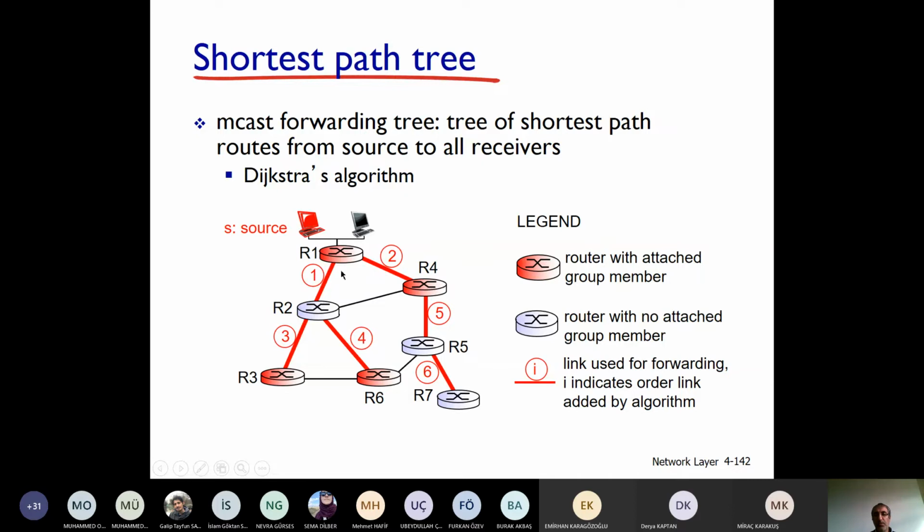This number indicates the order in which links are added by the algorithm. First we add this path, then this, then third, fourth, fifth, and then sixth.